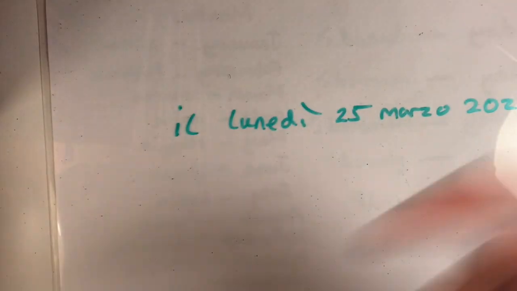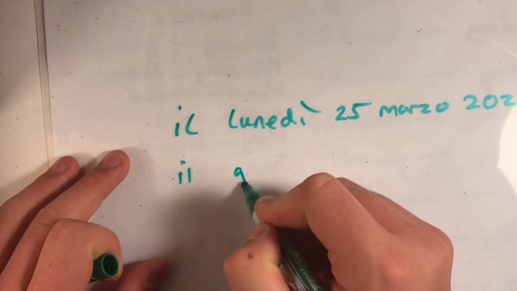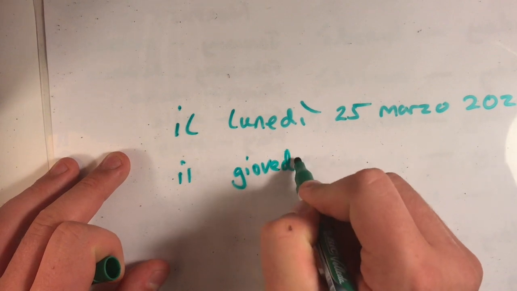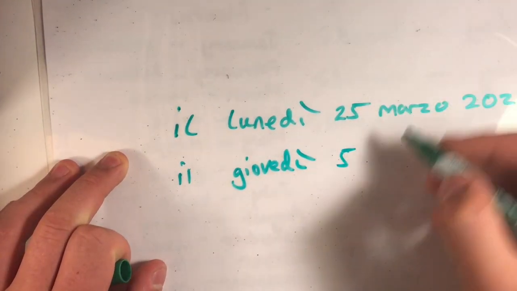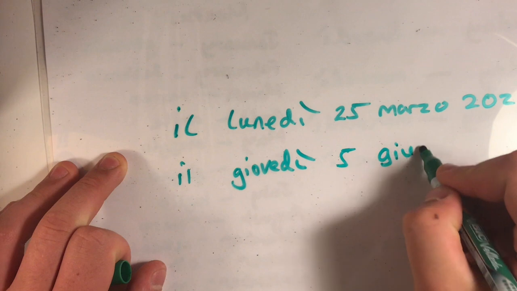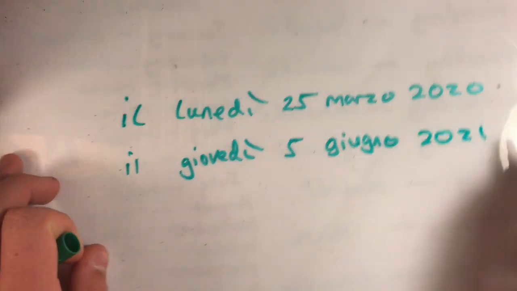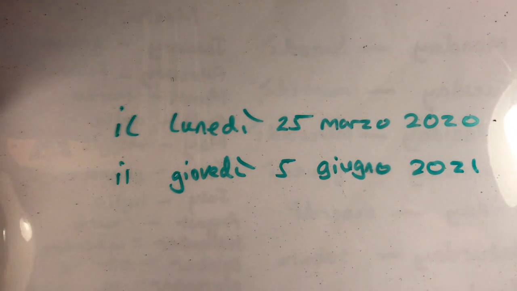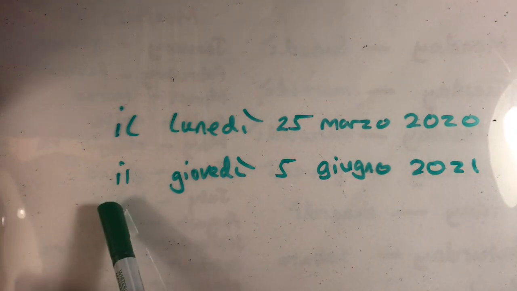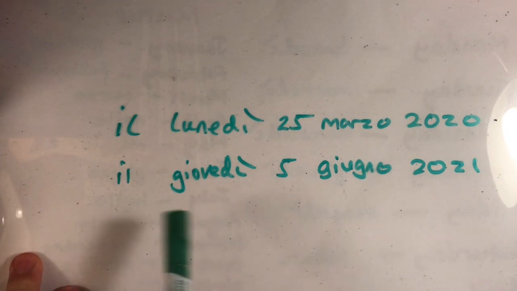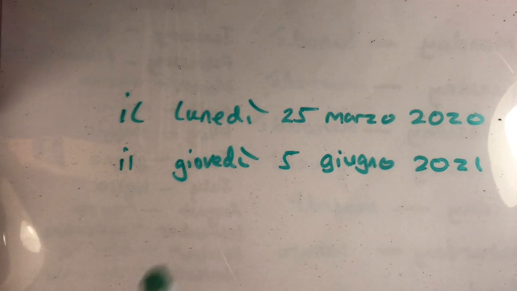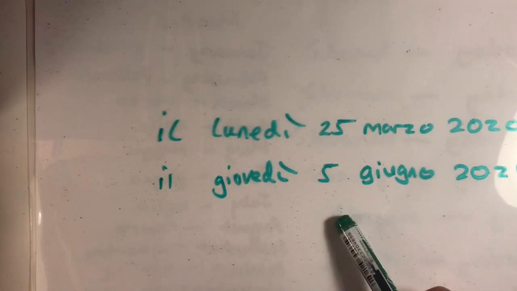We can do this for any day of the week. We could say il giovedì 5 giugno 2021. So that would be next year, wouldn't it? So you can now write, at the top of any Italian work you do, il before each of the days.